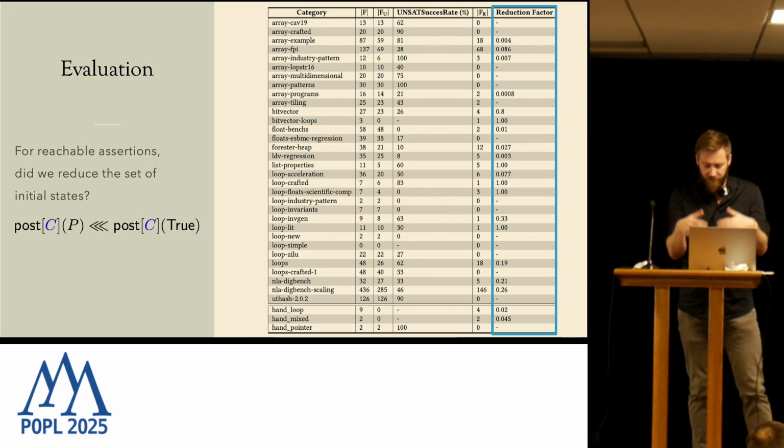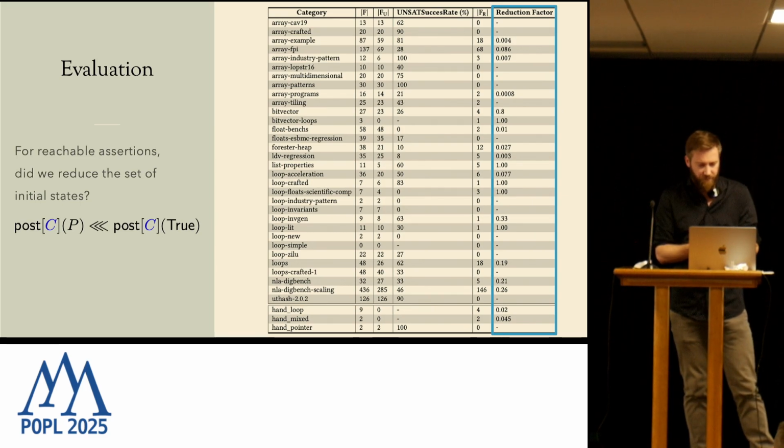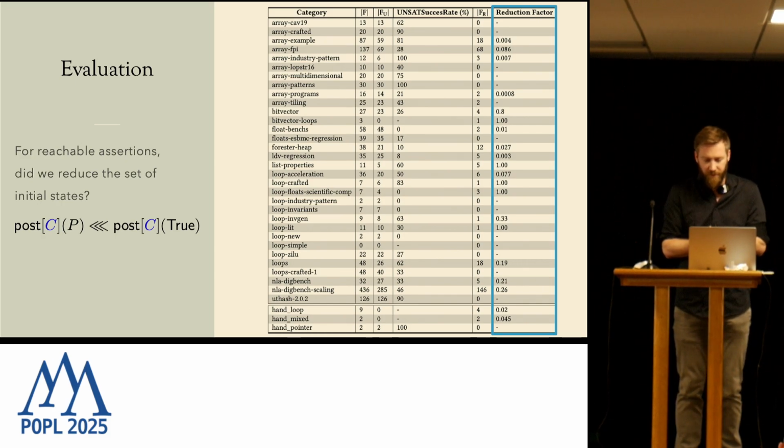Instead, we do this backwards reasoning that gives us a presumption, and we want to show that this presumption is significantly smaller than the entire set of initial states. We have measured this reduction factor and found that the generated presumption very often is significantly smaller than just doing fuzzing.